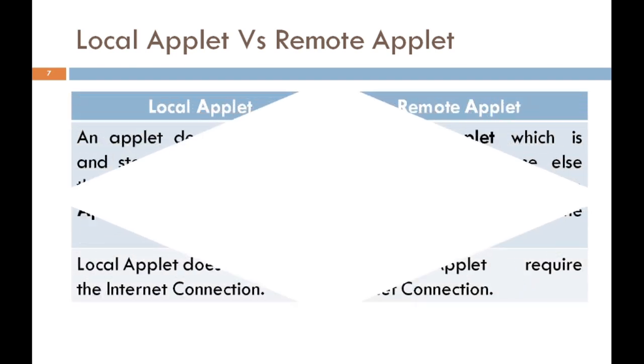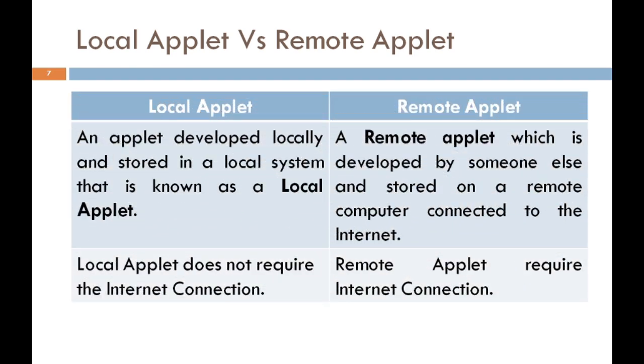Now we discuss about the difference between local applet and remote applet. This is the most important question for the GTU exam. The first difference between local applet and remote applet is its definition.